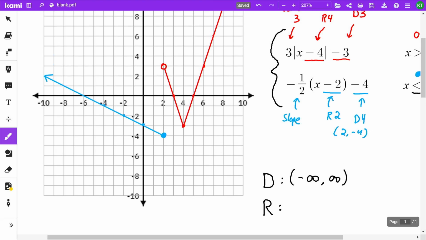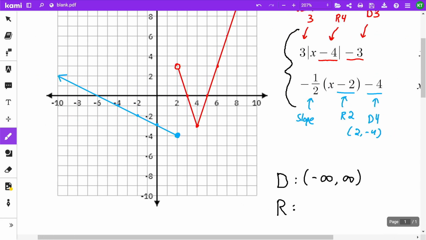And then lastly, we have our range. Our range is all of our y values, and we start at our lowest possible value. We start at -4 with a closed circle here. Then when we go up, we see we have a gap between this point and this point of our other subfunction.